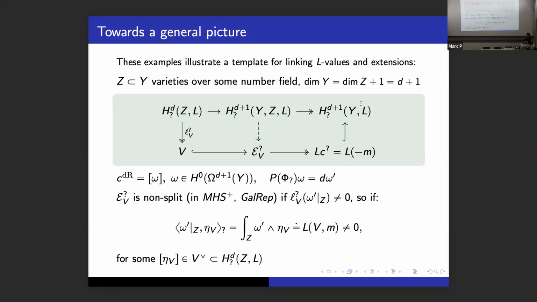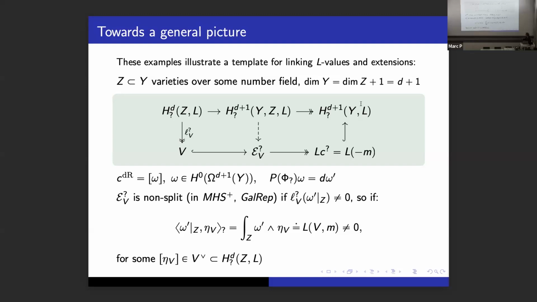And then we can see that this extension would be non-split in whatever category we're working in if the restriction of this class to Z gives a class in here, we can look at its image in V, and ask whether that's not zero. So that's a criterion for this being a non-split extension.